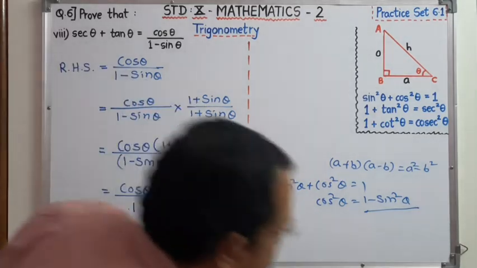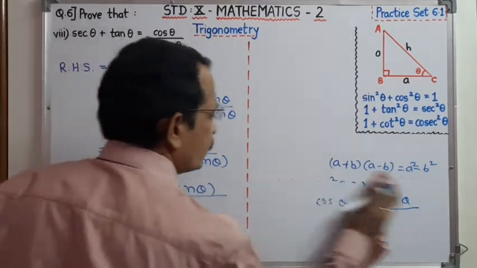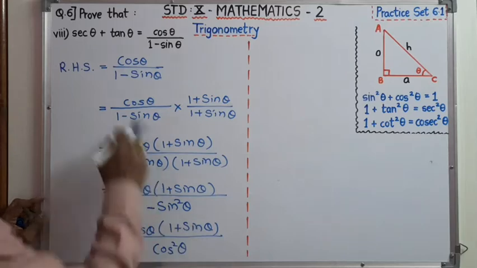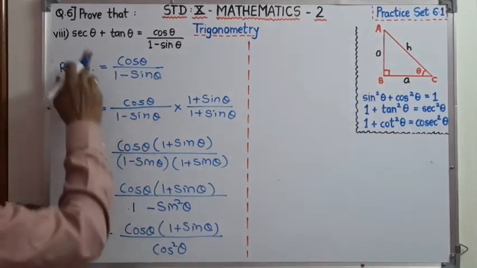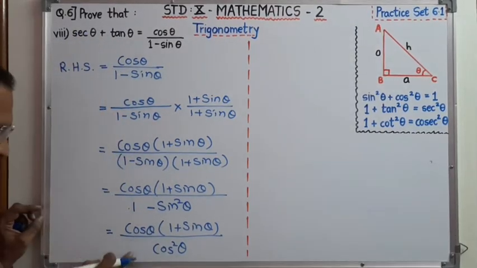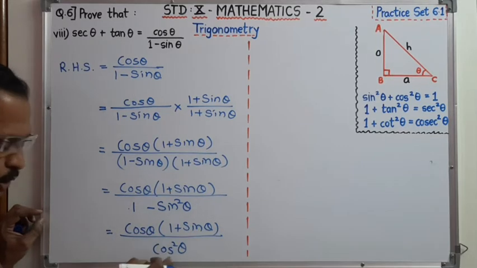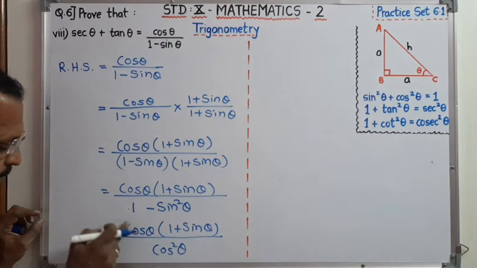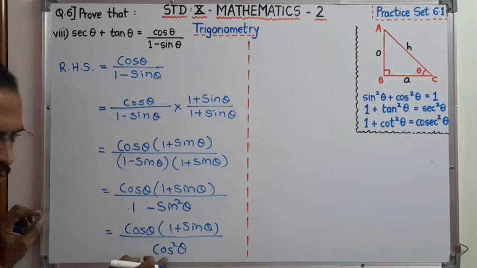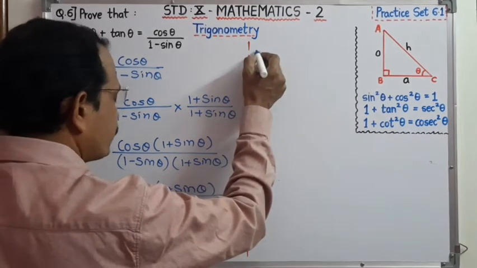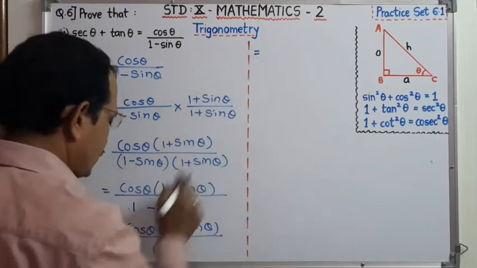Now dear student, we have to prove that this is equal to sec theta plus tan theta. See, we have cos theta into 1 plus sin theta upon cos square theta. If we simplify, this cos theta and one cos theta from cos square theta get cancelled.